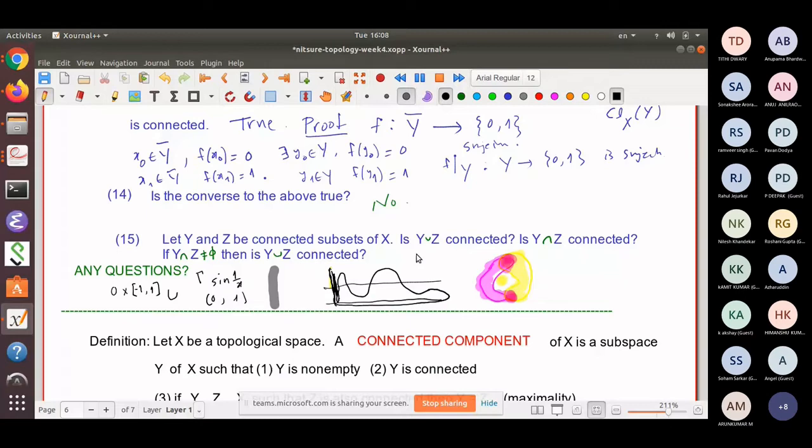Yeah, Sonakshi? So it is connected but not path connected. It is both connected and path connected, see? Because I can go from here like this. So you can take the interval on the y-axis from 0 to 1, then it will not be path connected anymore. And you don't want to join it by some path going back like this.